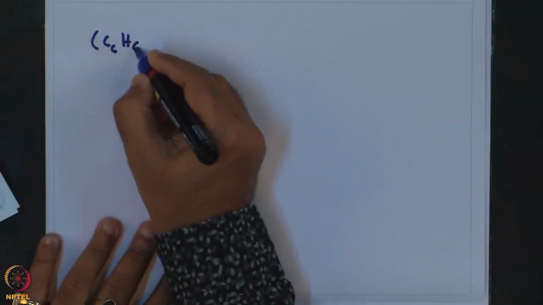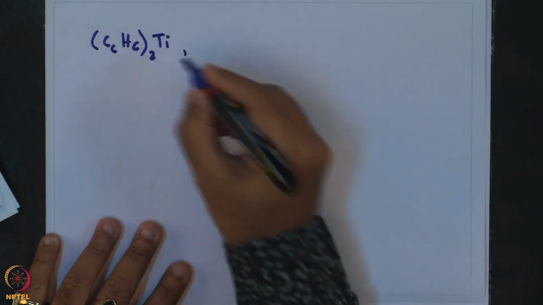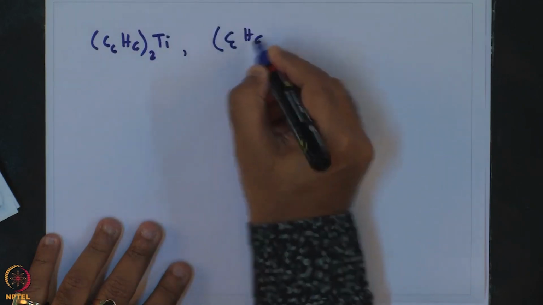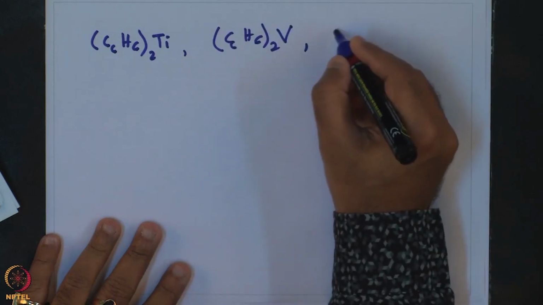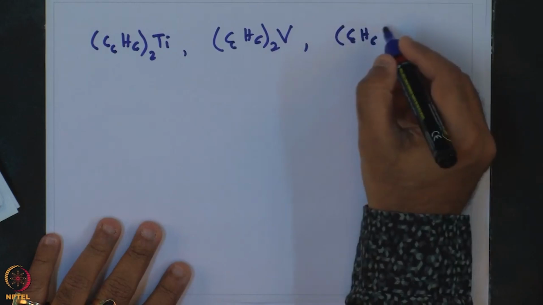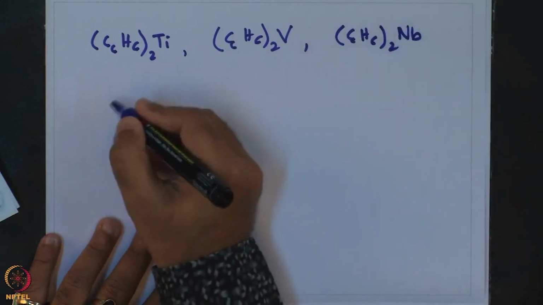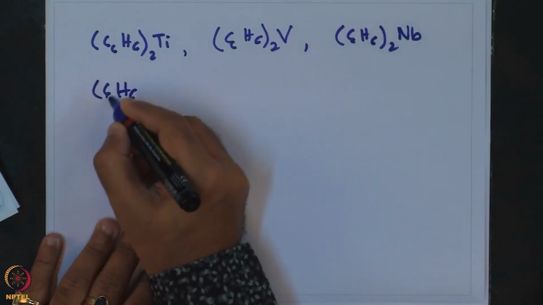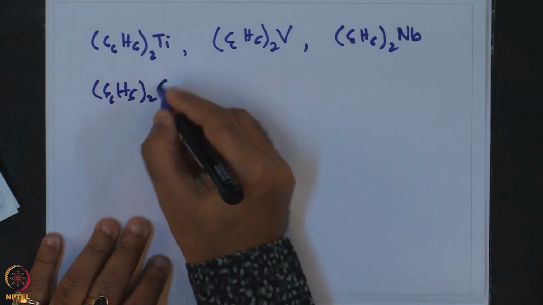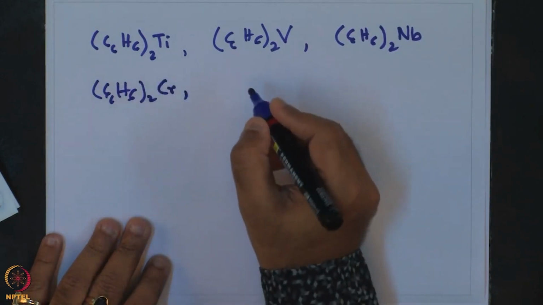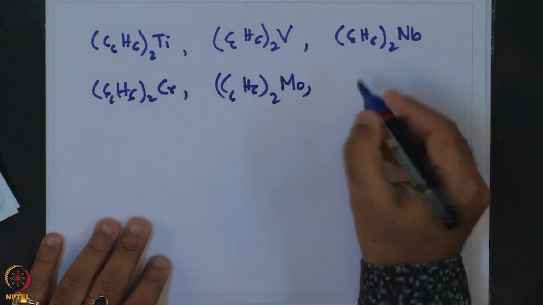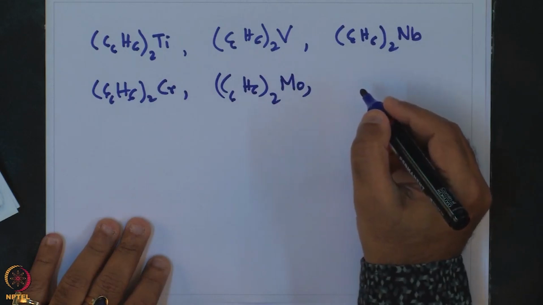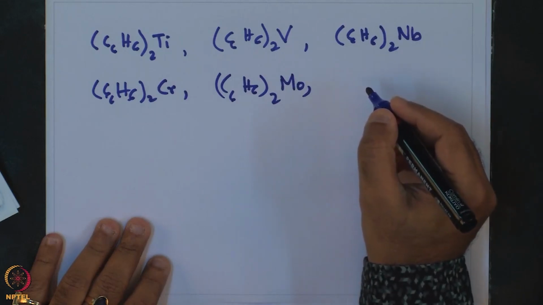The examples being (C6H6)2 titanium, (C6H6)2 vanadium, (C6H6)2 niobium, (C6H6)2 chromium, (C6H6)2 molybdenum, and so on and so forth.